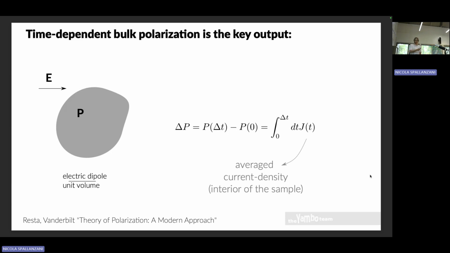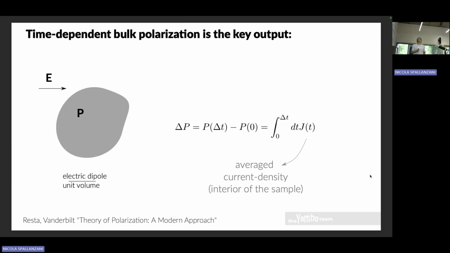It shouldn't be a surprise after the talk of Eleonora and also the introduction on real time from Davide yesterday. So the polarization was introduced yesterday by Davide from Maxwell equations, and is measured from the current.